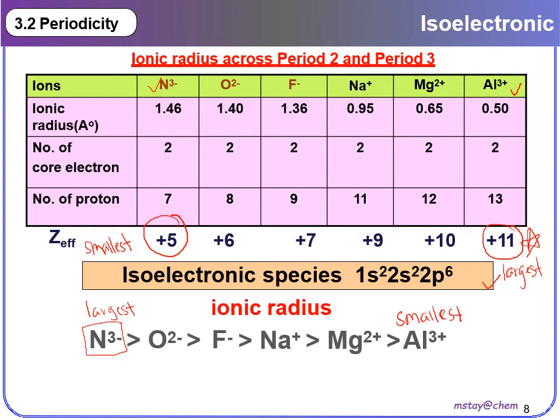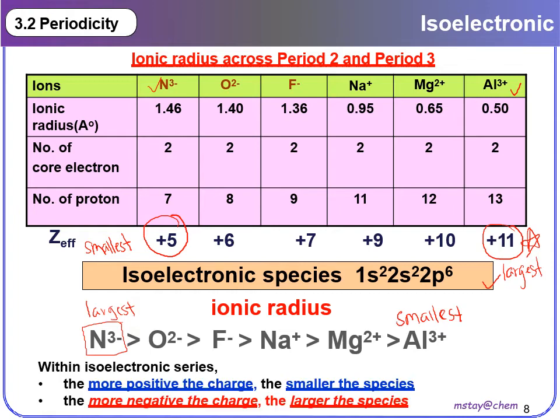So the effective nuclear charge is the largest, so the size of the ion for aluminium 3 plus is the smallest one. Then we can also come to another conclusion: the more positive the charge, the smaller the species, while the more negative the charge, the larger the species. This is another summary that we can make, but I don't think it is necessary for you to remember.